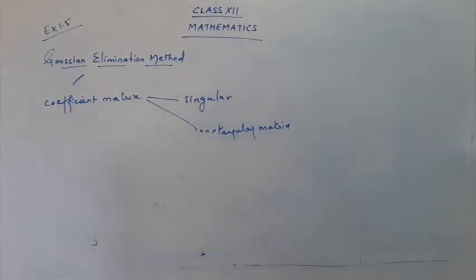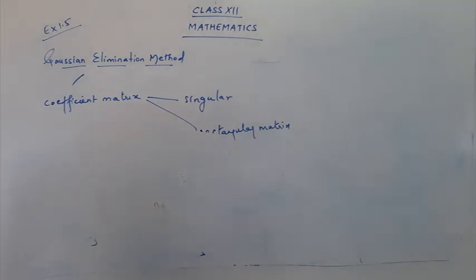Just read the points given below there. This method can be applied even if the coefficient matrix is a singular matrix and a rectangular matrix. Before we started our Cramer's rule, I gave you a point there.